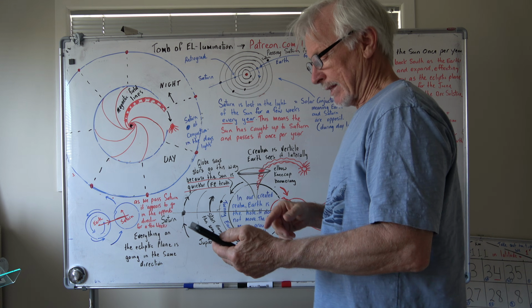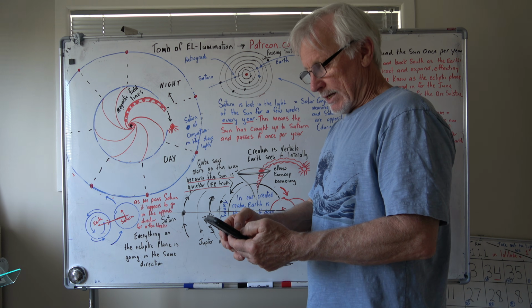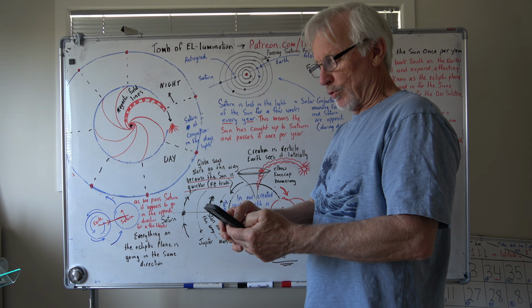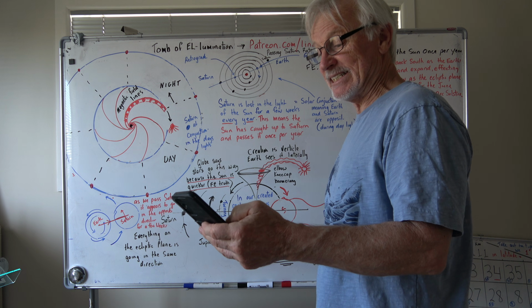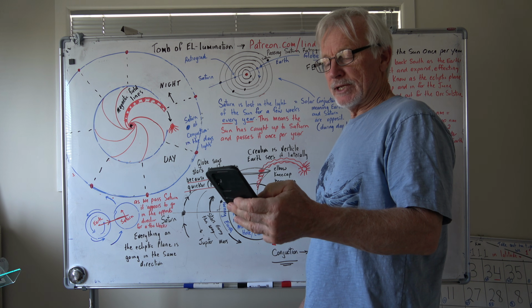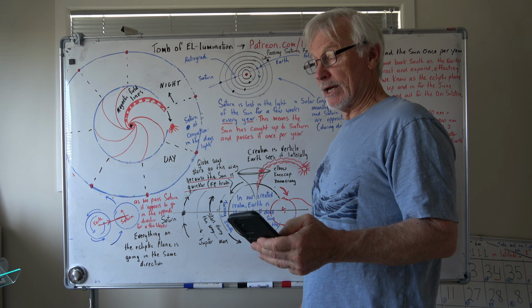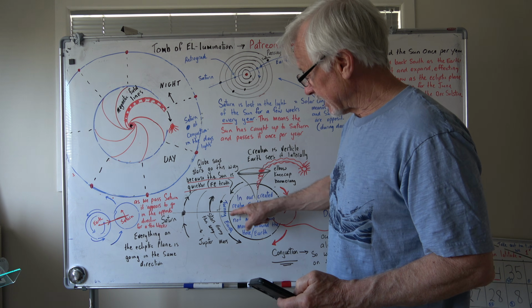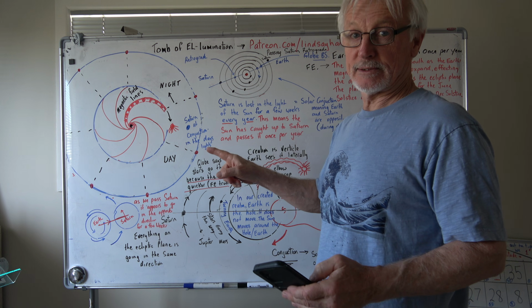Okay? Saturn appears to move backwards against the background stars for about 4 to 5 months each year. Approximately 140 days. So there you go. Every day, every year, the sun catches up. It's telling you the sun is catching up to pass Saturn.